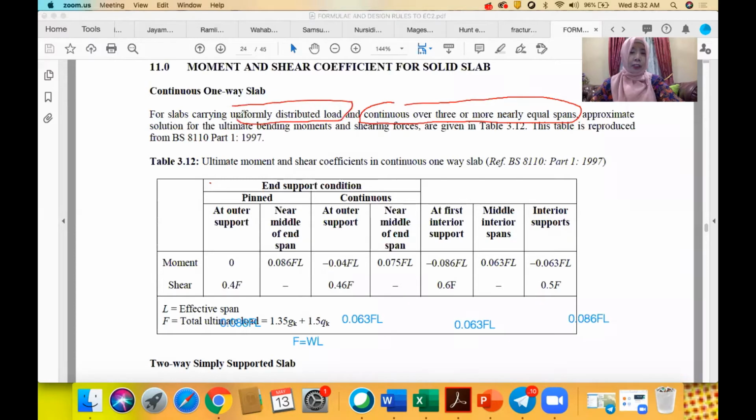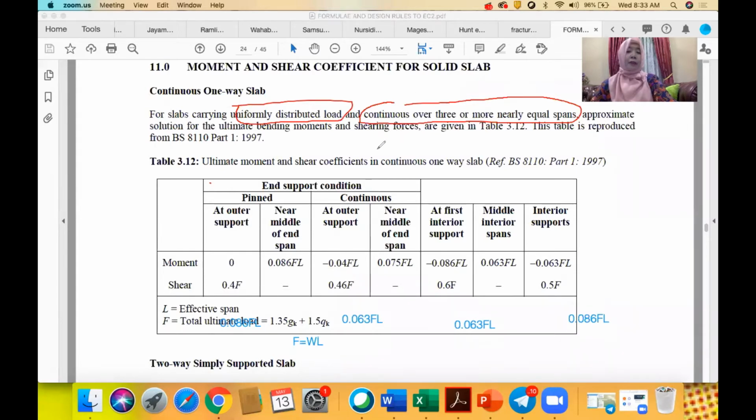This is the condition to use this table. What is nearly equal span? The variation between adjacent spans is less than 15%.